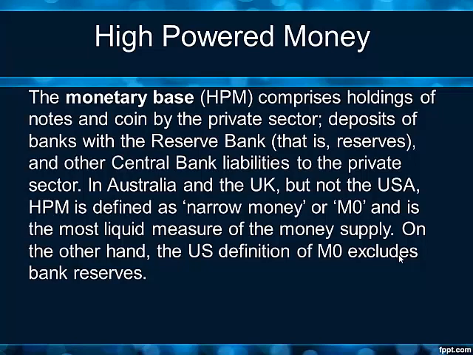and this is the definition of M0 or narrow money. So this is defined differently in Australia and UK and US. For the moment, this does not matter to us.